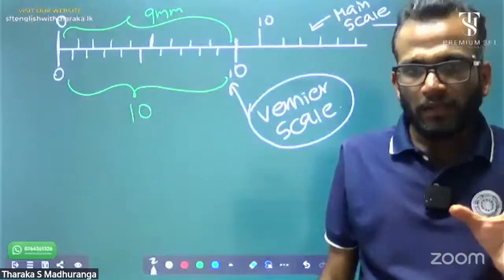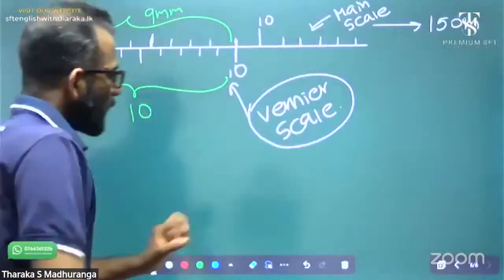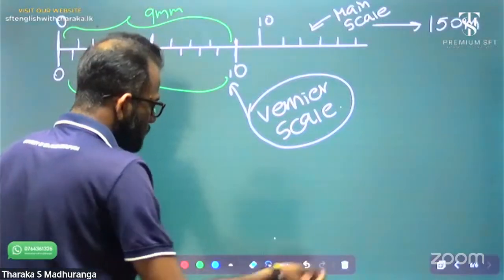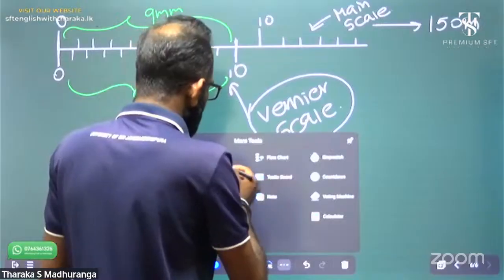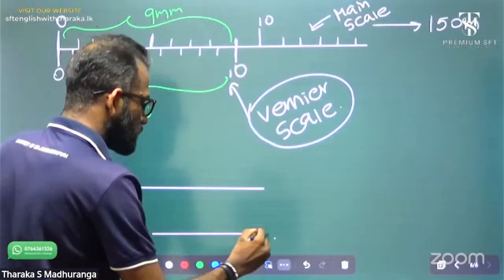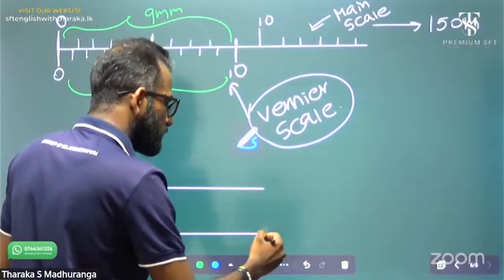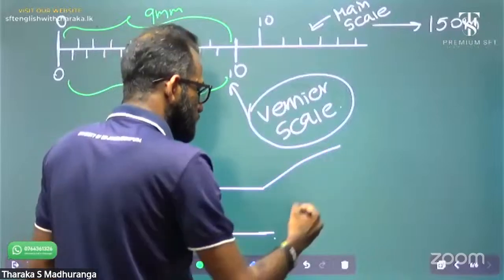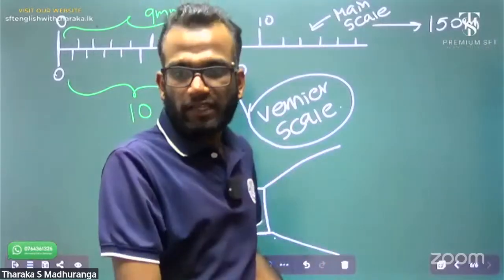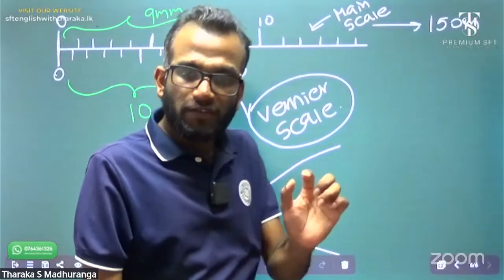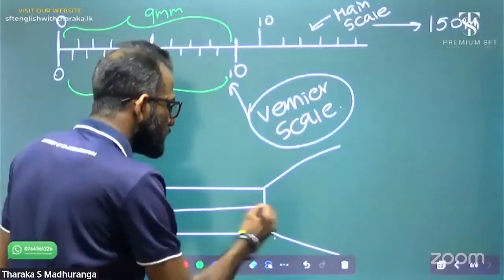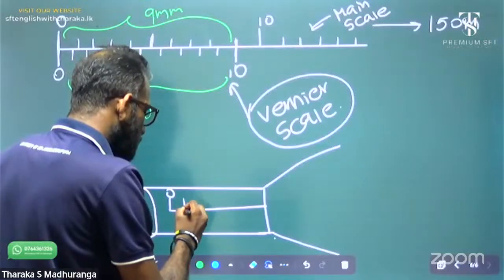In the micrometer screw gauge, the same principle applies, but the difference is that there is a circular scale as well. That's the main difference.